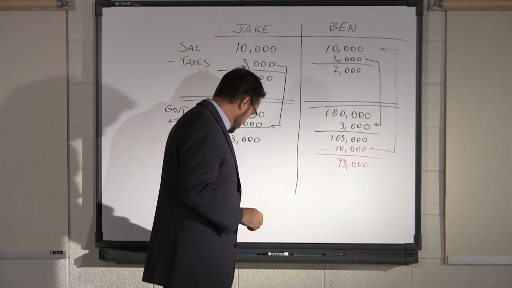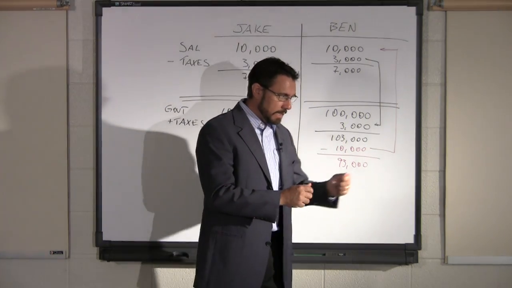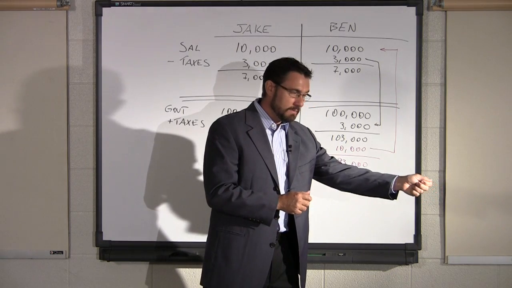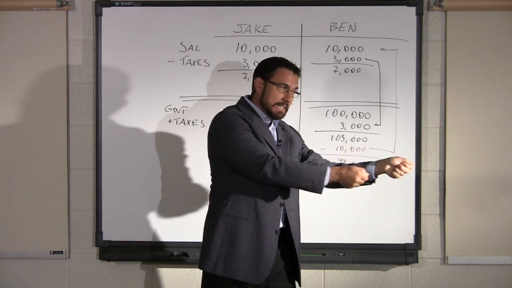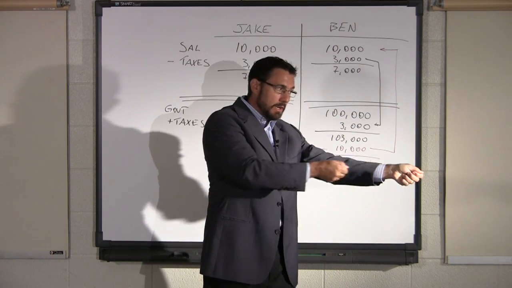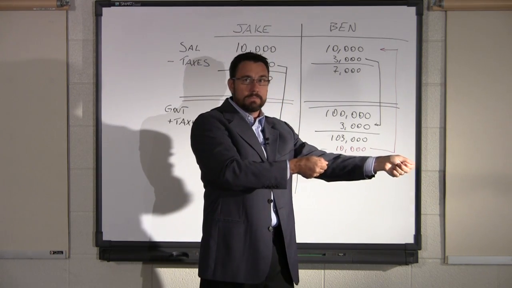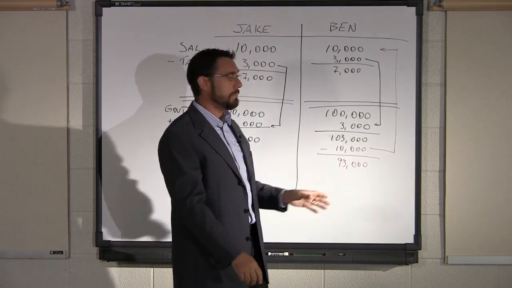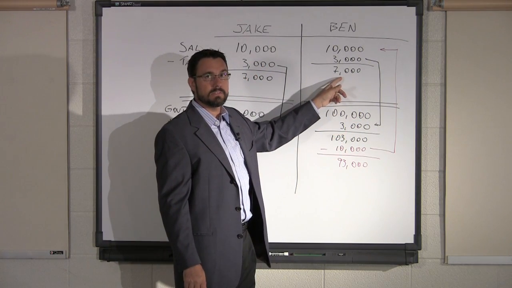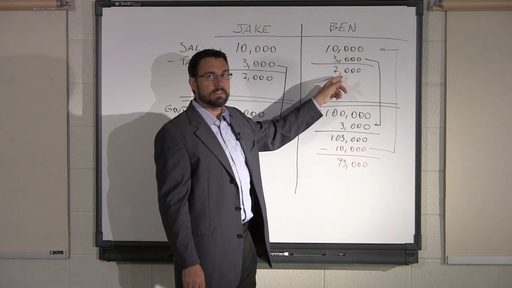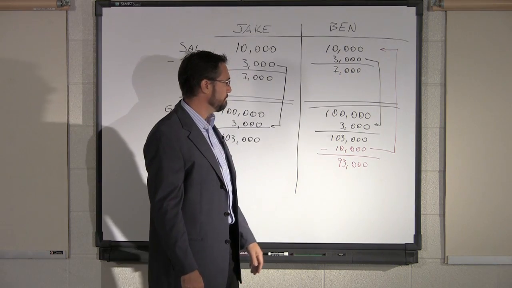What happened was the government said, here's $10,000. That's your salary. Whoops, give me $3,000 back. You can't have the $10,000. You can only have $10,000 minus $3,000. The net amount of money that Ben received from the government is $7,000. You understand that? Okay.